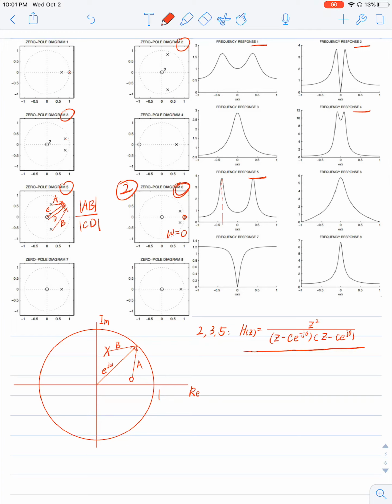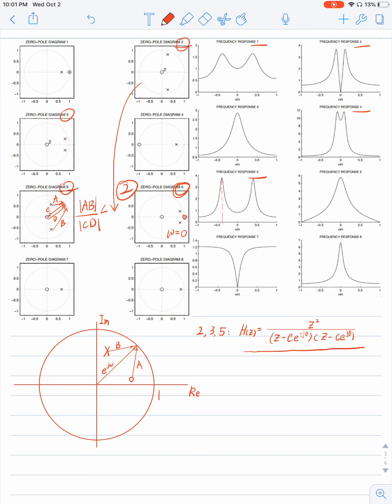Let's compare diagram 2 and diagram 5. After looking at these two diagrams, we can get that the magnitude at the peak of diagram 5 is less than that of diagram 2.